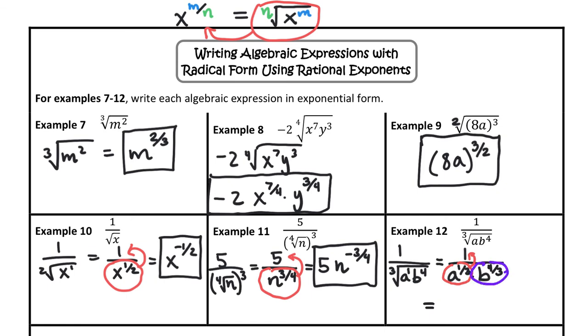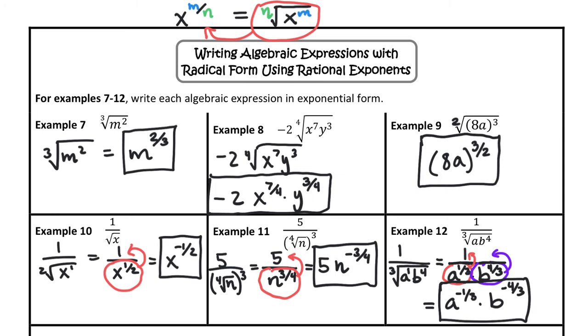Use a different color for B, but we can move both of them to the top because there's division happening here. So it's going to be a to the negative 1/3 times b to the negative 4/3. And that's going to be my final answer there, but I don't want to cross it out. So there we go.